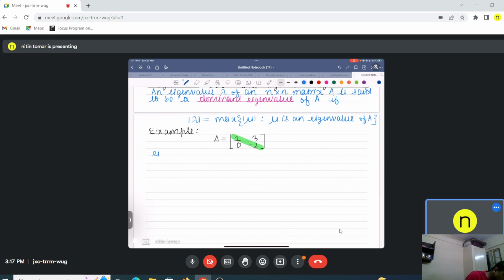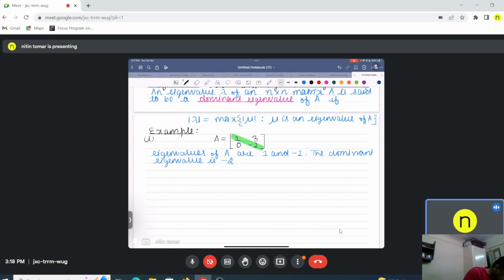So the eigenvalues of A are 1 and minus 2, and the dominant eigenvalue is minus 2, right? So this is the first example.